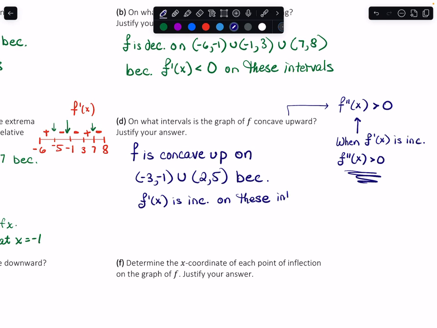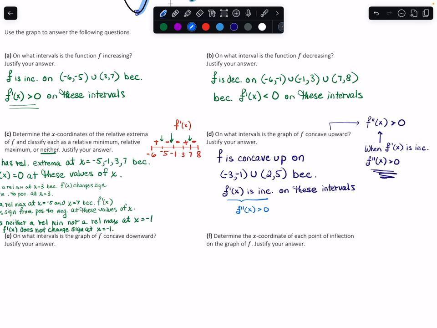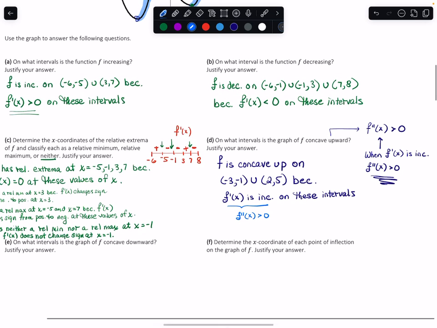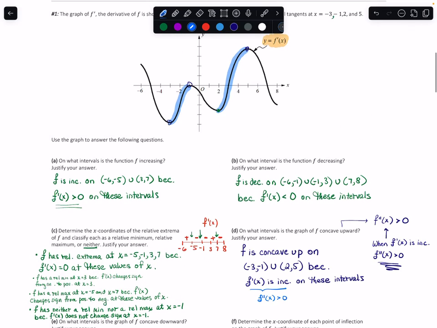So technically speaking, to say that f prime is increasing is equivalent to saying that its derivative is positive. We know that from the last couple of weeks. But the reason I give cannot be what's in light blue. It needs to be about what's in front of your face, which is f prime. It's not f double prime.